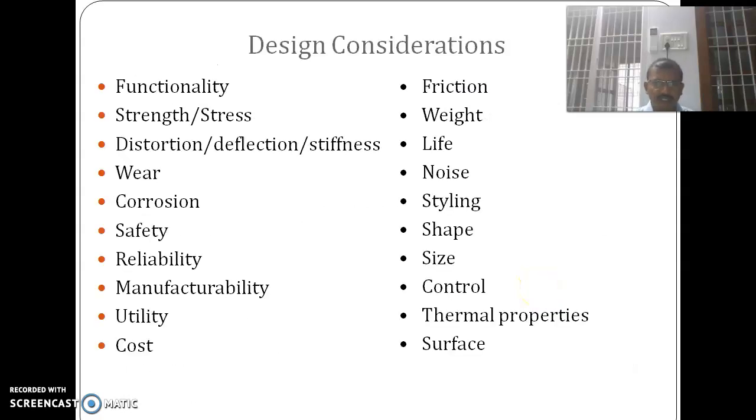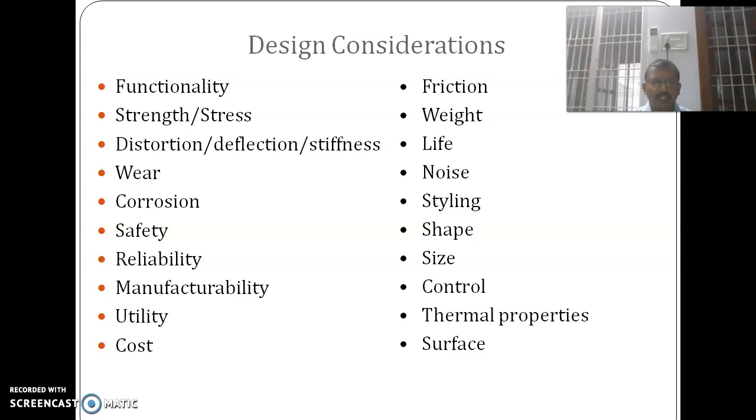Design considerations. These are all the different design considerations. You have to consider different factors while designing a part. Environmental factors, mechanical properties, physical properties, and chemical properties have to be considered. Everything has to be considered in the design process. The functionality of the part has to be considered.